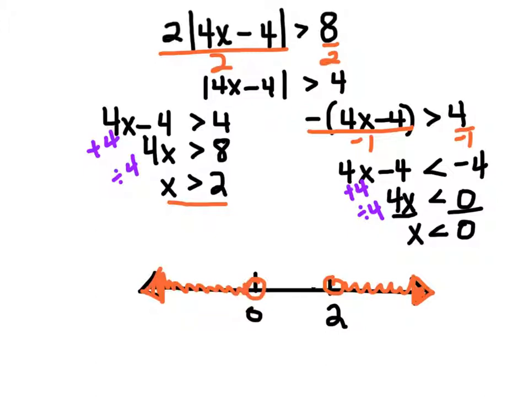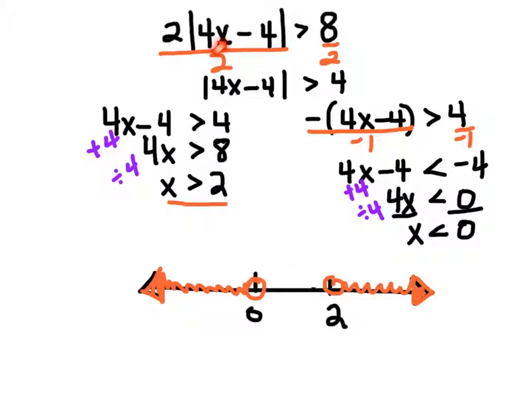If I were to pick 3, 4 times 3 is 12, minus 4 is 8, times 2 is 16. The absolute value of 8 times 2 is 16, and that definitely is greater than 8. So these sections work. What if we were to pick 1?